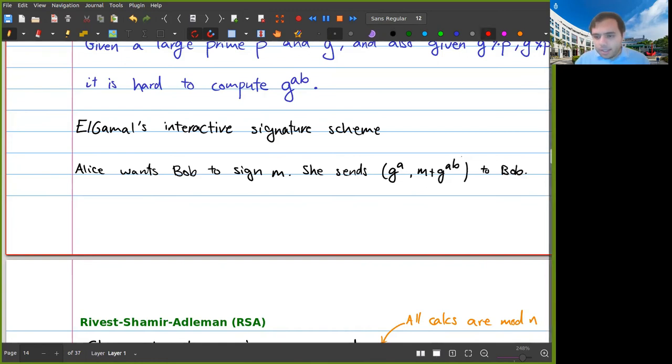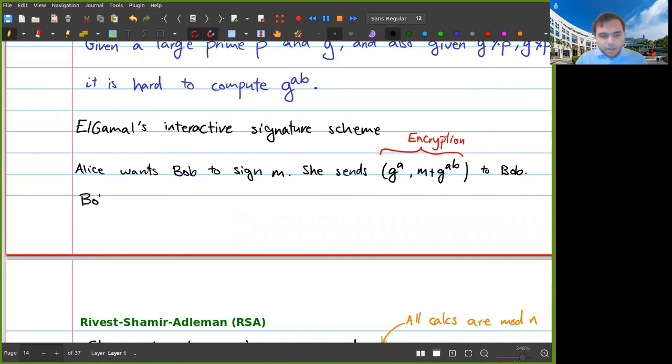Remember that this is again the same as our encryption, right? So the intuition is just like RSA signatures. The intuition is that the person who wants to verify the signature, in this case Alice, can do encryption. But the person who wants to provide the signature, in this case Bob, is the only person who can do decryption.